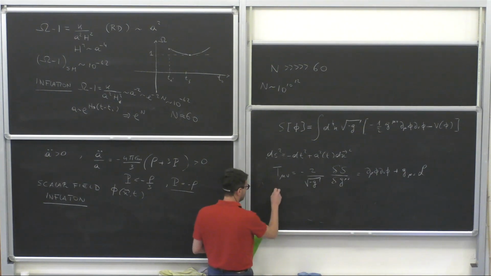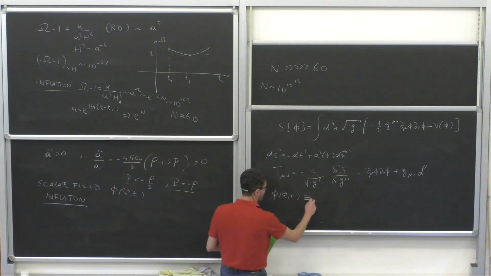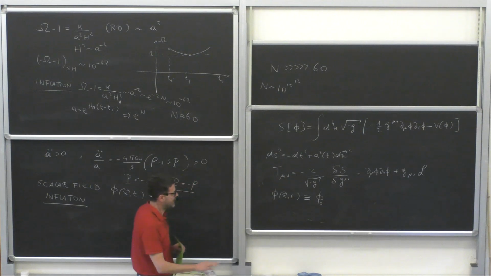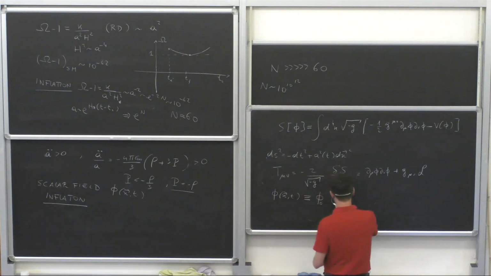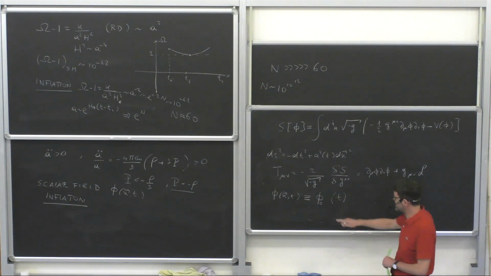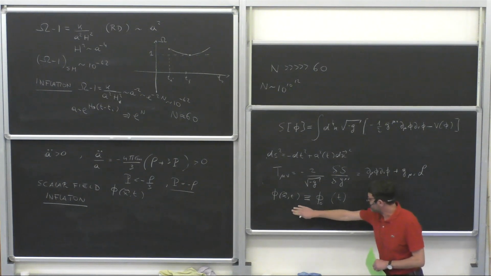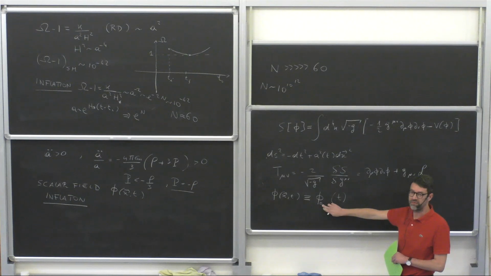And then, if you now assume that there is only the homogeneous part of the scalar field, I'm going to assume from now on that my scalar field is only the homogeneous part, so I neglect the part which depends on x, on the space, and I assume it is only a function of time, so I consider only the background. In order to recall that it is the homogeneous part, I put a 0 here, okay, from now on.